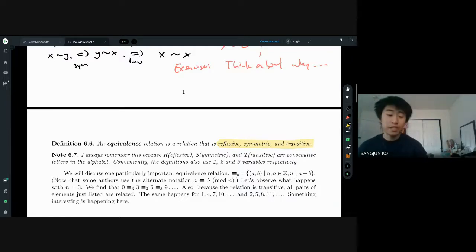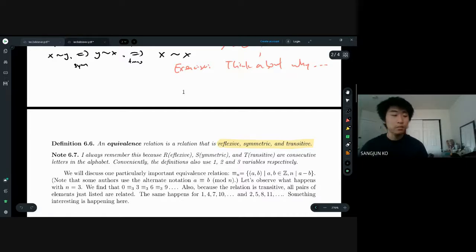You can just remember them as RST because they are consecutive letters. And while the argument from before might make you wonder, didn't we just say that symmetric and transitive imply reflexive? But it's not really the case. You actually do need all three properties. They do not imply each other.